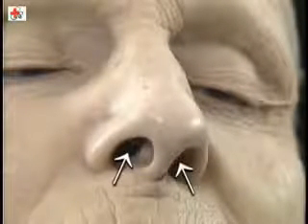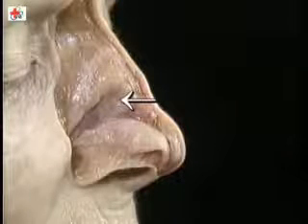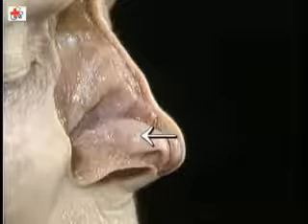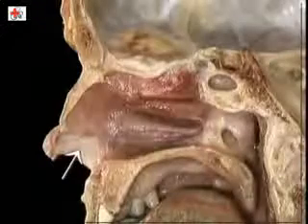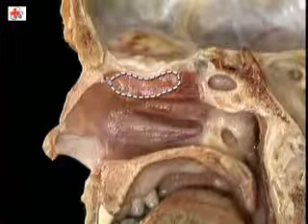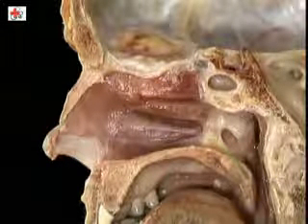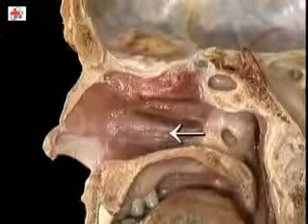Here are the nostrils, or anterior nares, the columella, the lateral cartilage, the alar cartilage, the septal cartilage, the nasal vestibule, and the olfactory area. Here are the conchae again, superior, middle, and inferior.